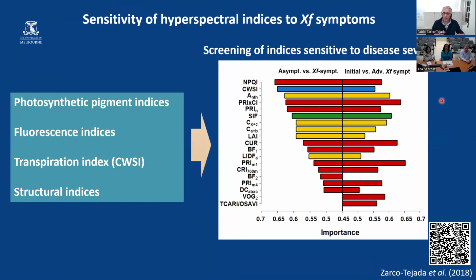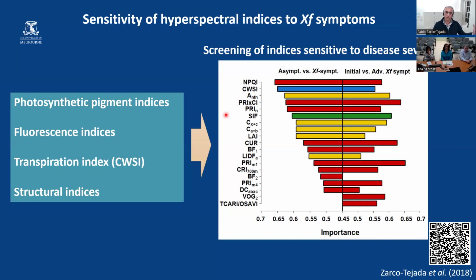And that allowed us to do something that we call a screening of vegetation indices, which are sensitive to the severity. And this other chart is in the context of Xylella fastidiosa. That was one of the first papers where we demonstrated that some of these indices are in fact sensitive to different levels of severity.